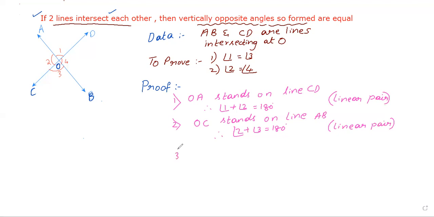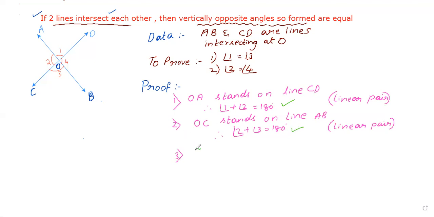Now, notice the two equations in step number 1 as well as in step number 2. In step number 1, I've got angle 1 plus angle 2 is equal to 180 degrees. In the second step, I have got angle 2 plus angle 3 is equal to 180 degrees.